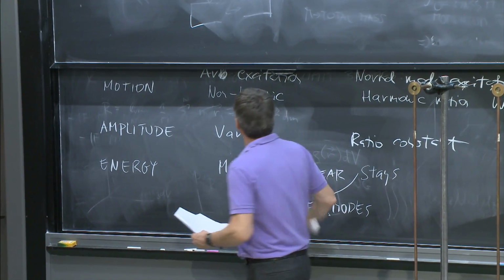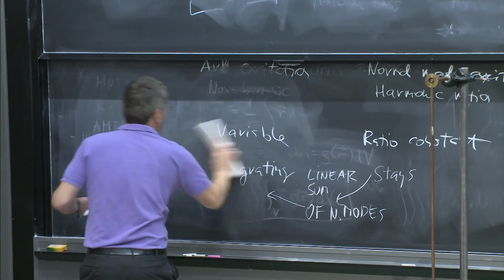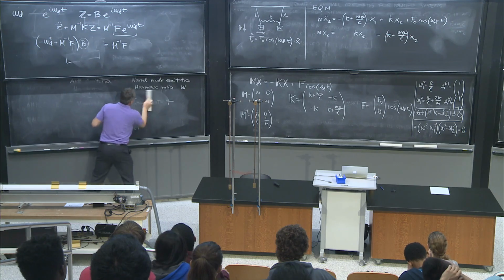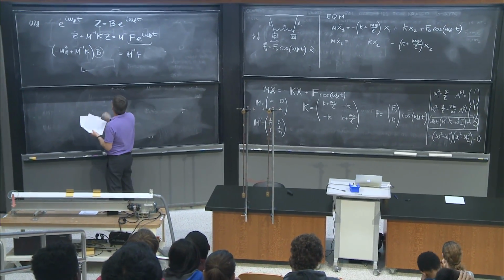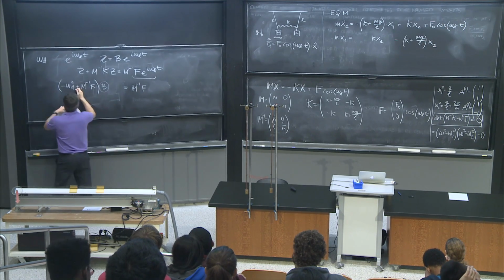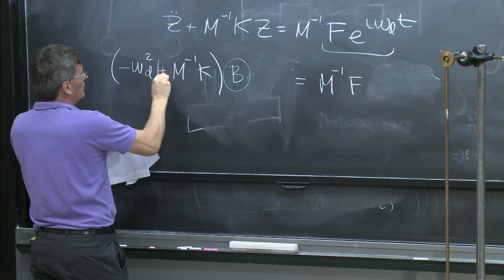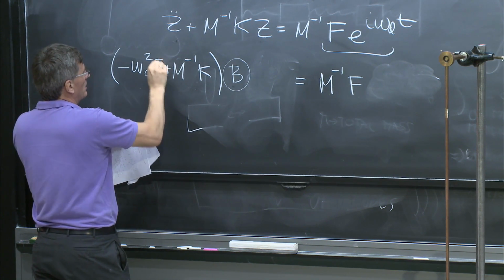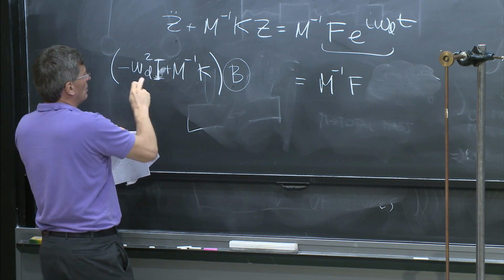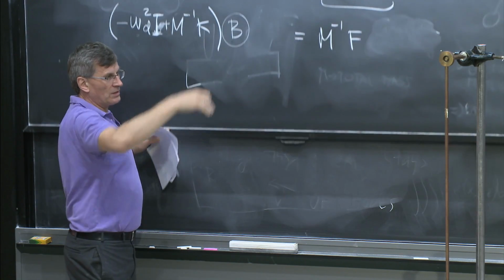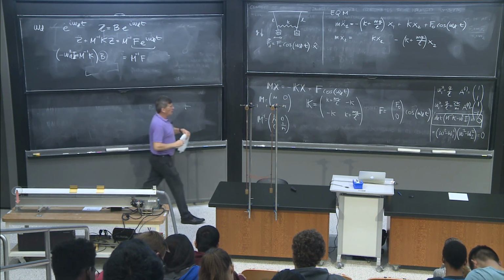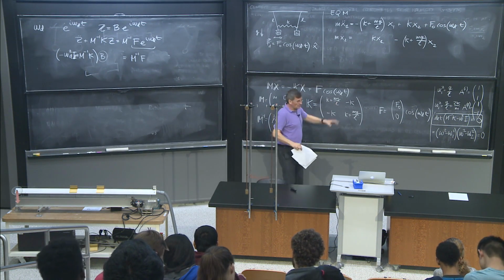To be very precise, omega d squared is a number and the other term is a matrix, so I have to put a unity matrix right here. So it's minus omega d squared times the unity matrix plus this matrix that carries information about the system.